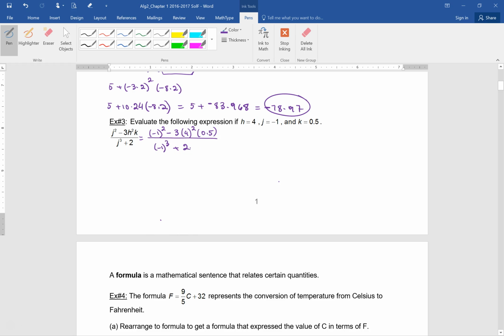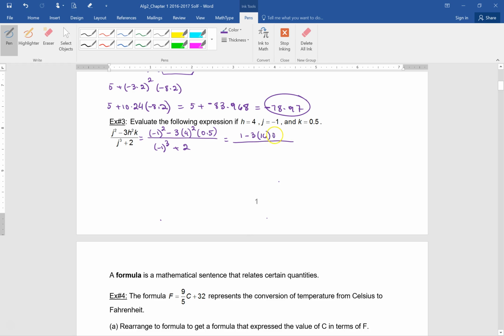You see how I put the negative 1 in parentheses all the time? Okay, so what if you were on some desert island, stranded with no calculator, and your survival depended on solving this? So what are we going to do? What's negative 1 squared going to give us? 1.